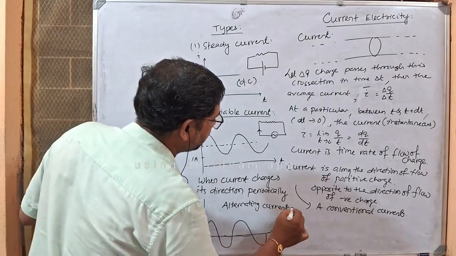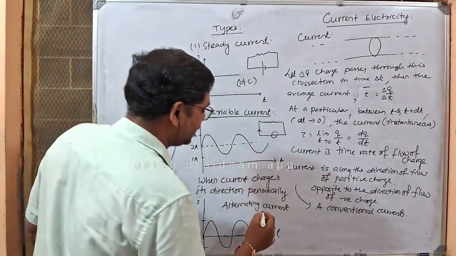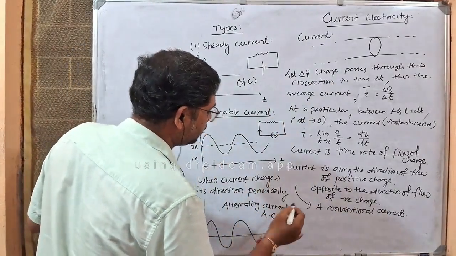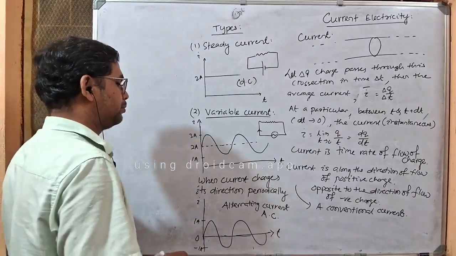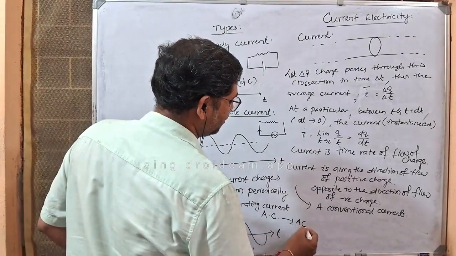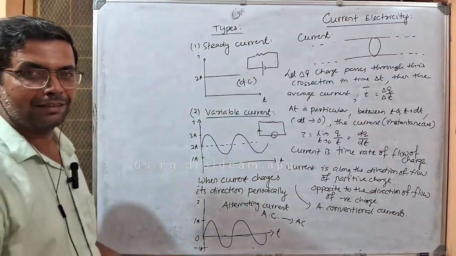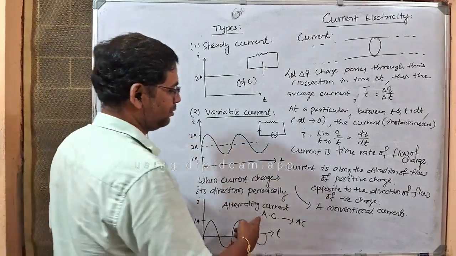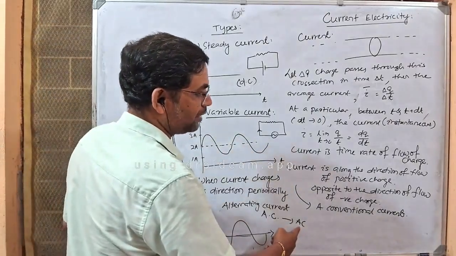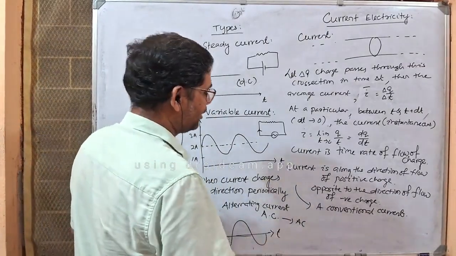This is the current supplied to our home, AC current. Using AC current we run our AC, air conditioner.